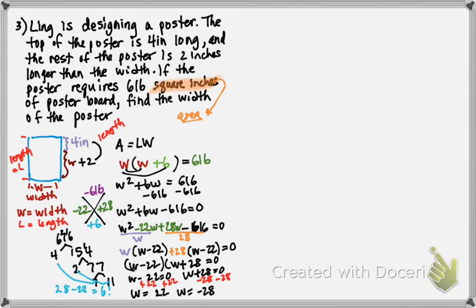Well, I'm hoping that you can see straight away that one of those answers is not realistic, and that would be negative 28. I can't have a dimension that's negative. So my answer is going to be this. I'm going to write my final answer up at the top. So the width is 22, and then it would just be regular inches.